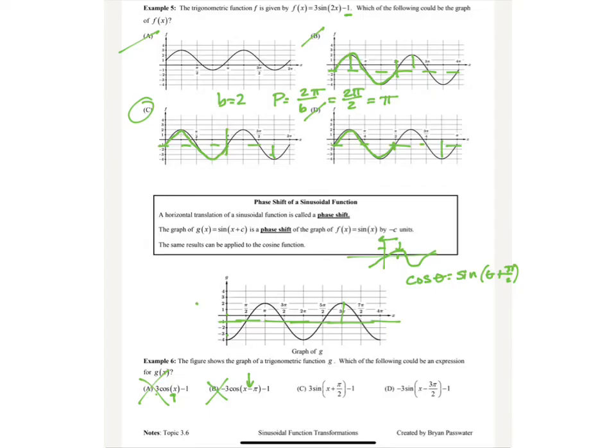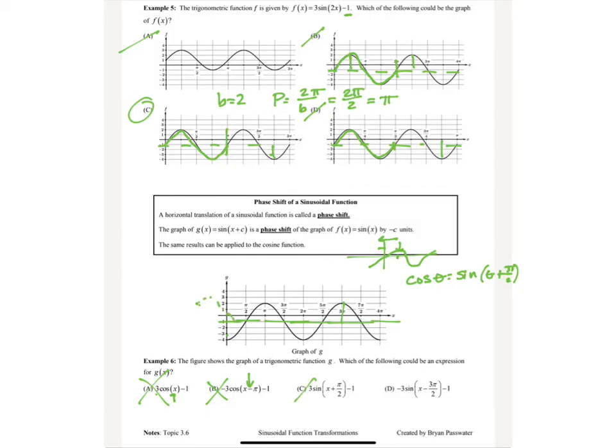Quite possibly, right? And then from this point, it would go up. Is that right? Does it? I think it could be C or D in my eyes. I don't think that this one works.